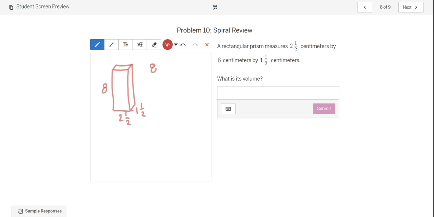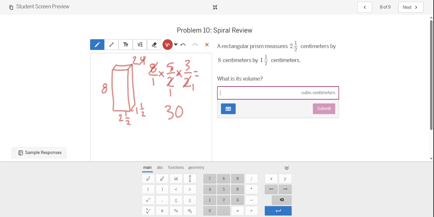So I've got 8 over 1 times 2.5, which is 5 halves, and 1.5 is 3 halves. 2 divided by 8, I get a 4 and a 1. I get a 2 and a 1. I've got 10, 30. 30 cubic centimeters.